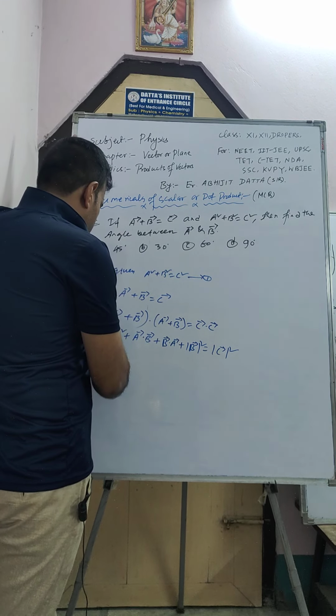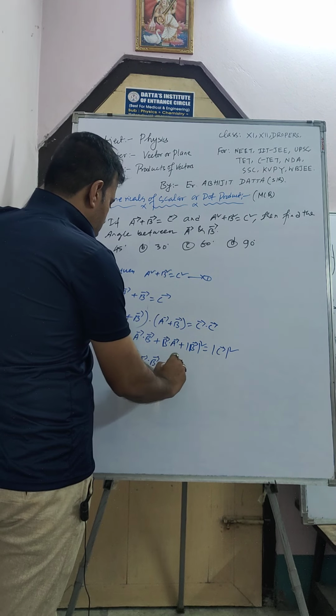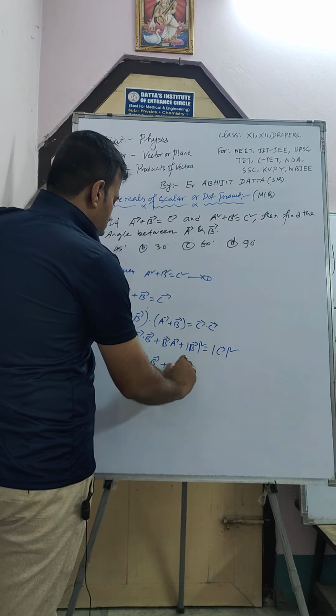Now it will be A square plus 2 A dot B plus B square equals C square.